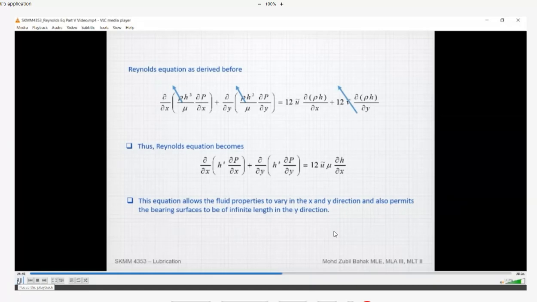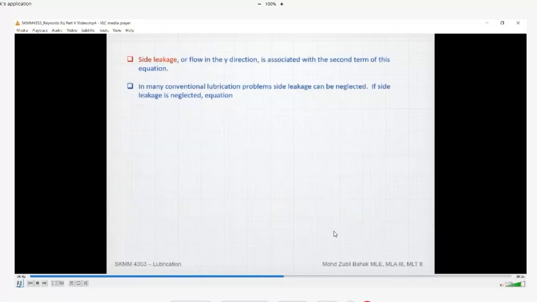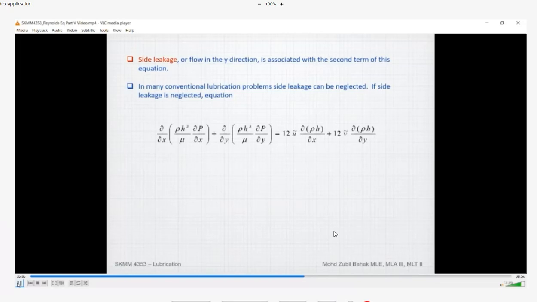So when it becomes infinite, the side leakage or the flow in the y direction, which is associated with the second term of this equation, can be neglected. So in many conventional lubrication problems, side leakage can be neglected. So the y term in the equation can be eliminated.